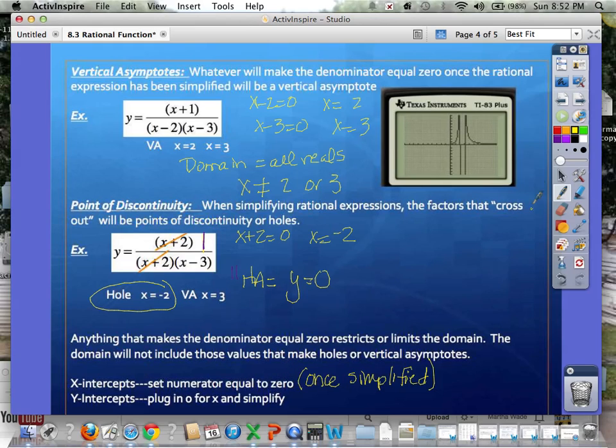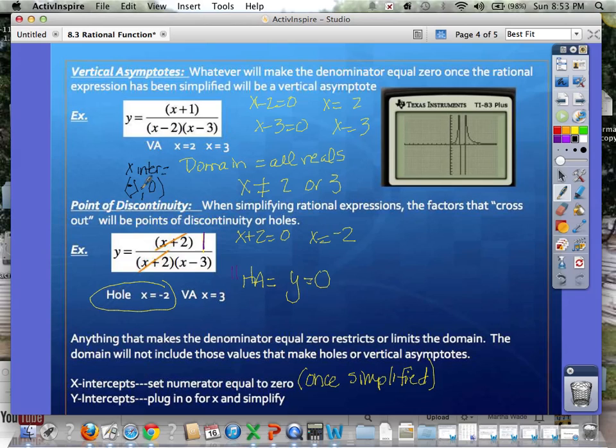So let's go up here and look at the first one. If we set the numerator equal to 0, so the top is the numerator, x plus 1 equals 0, that would give me an x-intercept. If x plus 1 equals 0, then the x-intercept would be at negative 1, 0.